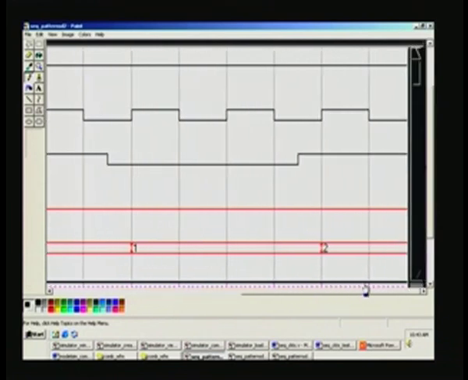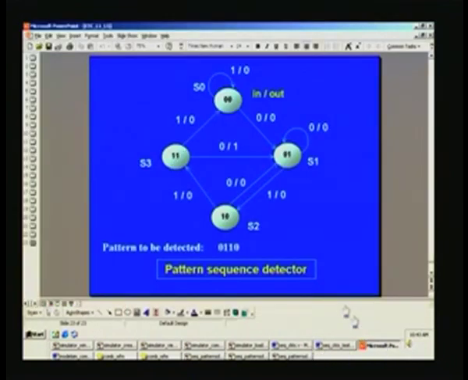Then in 1 this input is continuing to be 0, right. So again this is the edge that is being sensed. In state 1, if it is 0, it should continue to be in the same state. So we went to and fro here, right. Once again possibly we will go back here, let us see that.